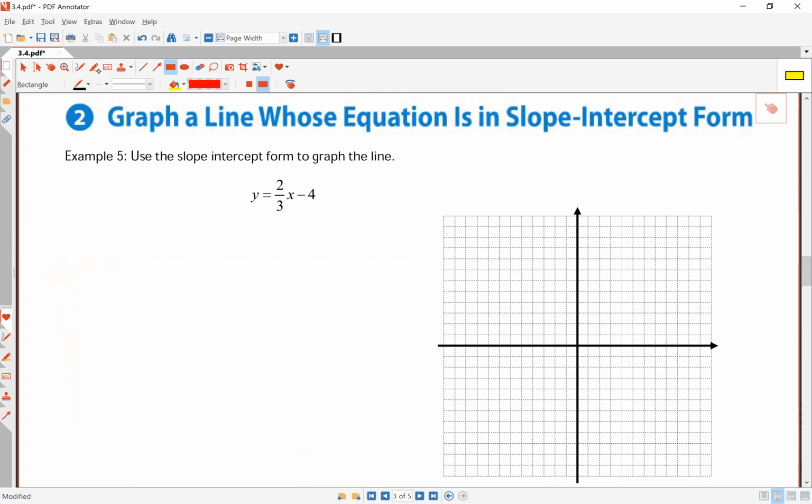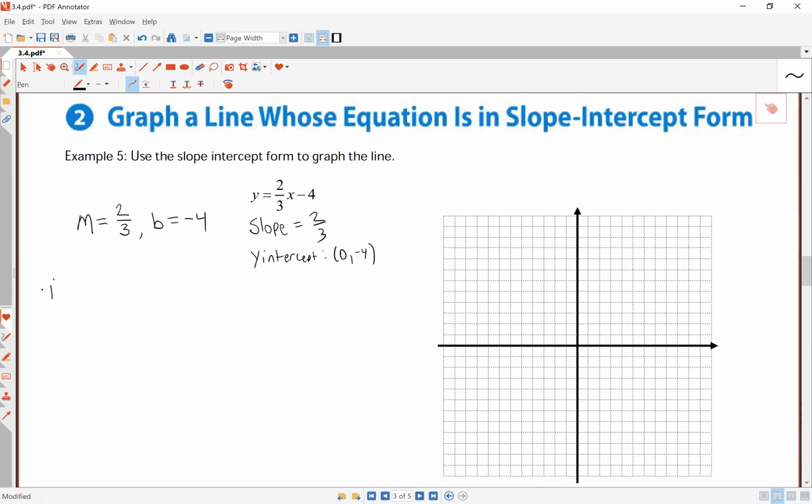The idea behind this is the slope-intercept form of our line. We can see here that m is 2/3 and b is equal to -4. So our slope is 2/3 and our y-intercept is (0, -4).